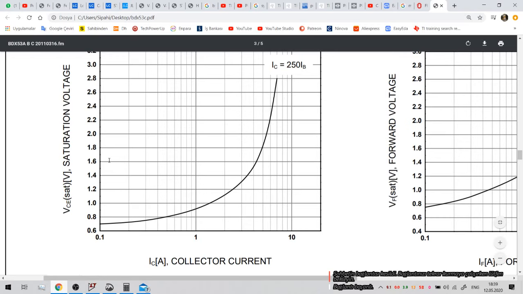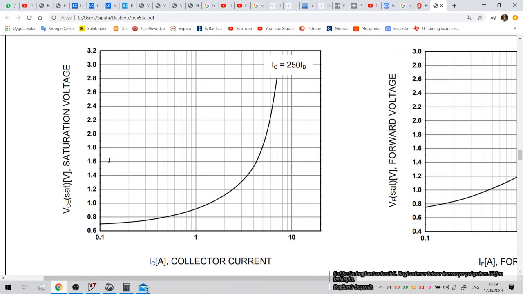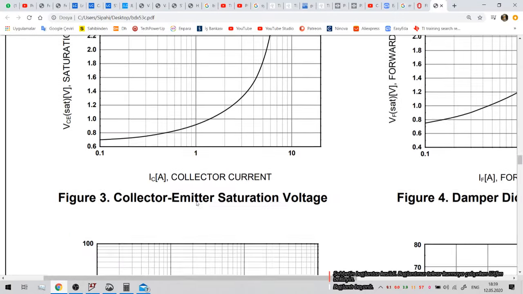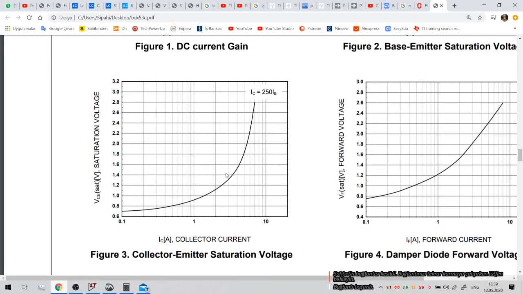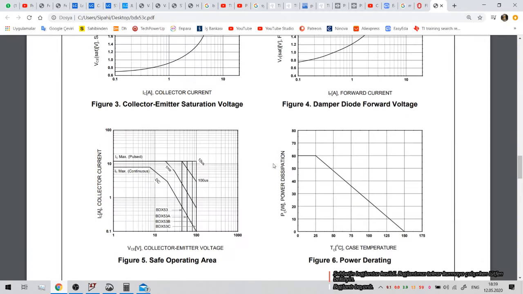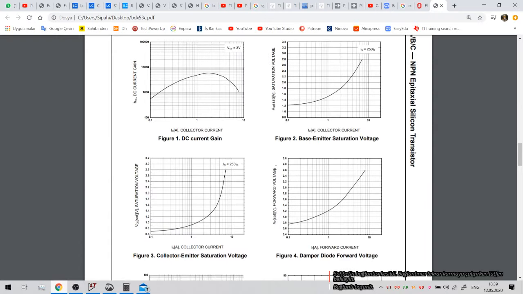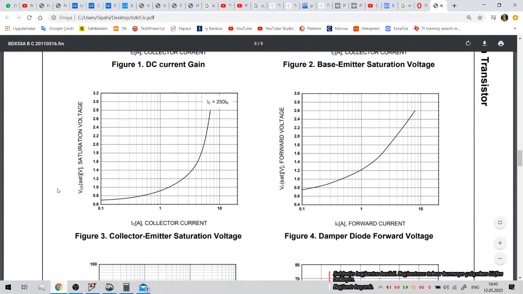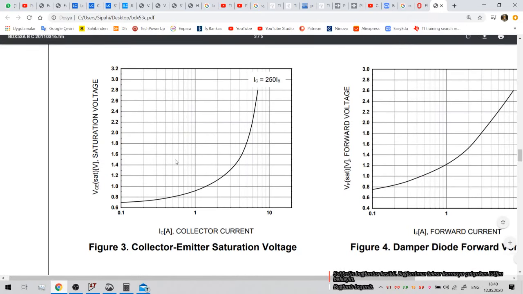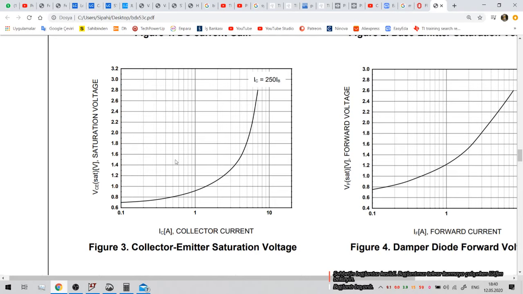We can use it with 1.5 volt VCE with 4 amp. But this is typical characteristics, and there is not much more graph. I need more graph than this, but I can say the BJT voltage drop also decreases with temperature increase. So it can be better, I think, in most ways.